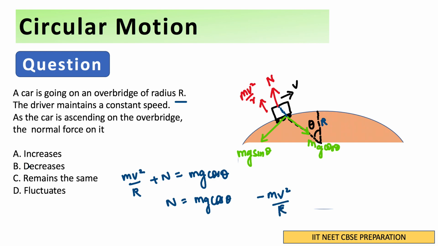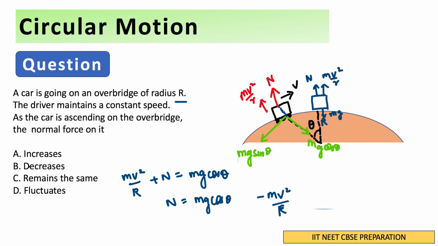Now, if I ask you what will happen at some point after it has moved forward, suppose the vehicle comes here, at this point, what is happening? This is your normal reaction n. This is your mv square by r, and mg is acting in the downward direction like this.